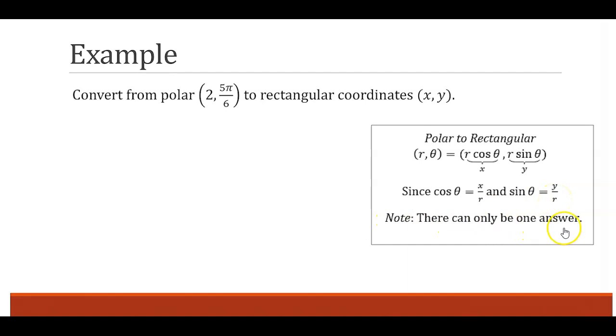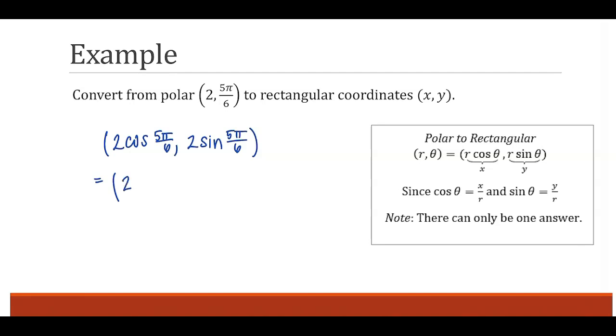So note there can only be one answer. There's only going to be one rectangular coordinate point, x, y. So let's go ahead and find that. Our x, y is going to be 2 times cosine of 5 pi over 6, and 2 times sine of 5 pi over 6. So now we're going to go ahead and evaluate the trig functions in here.